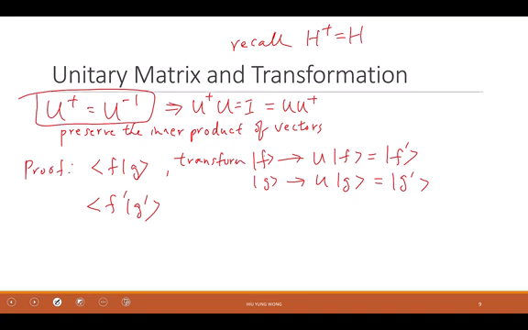What is this new product? Now, the first thing is that in order to find the inner product, I need to know the bra version, right? What is the bra version of F dash? Do you still remember the math?